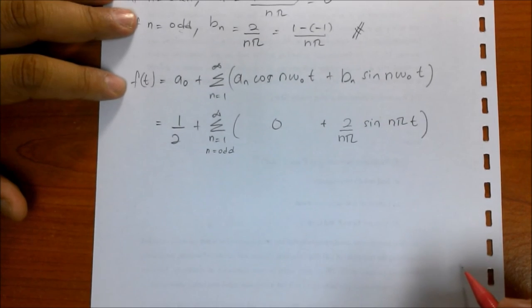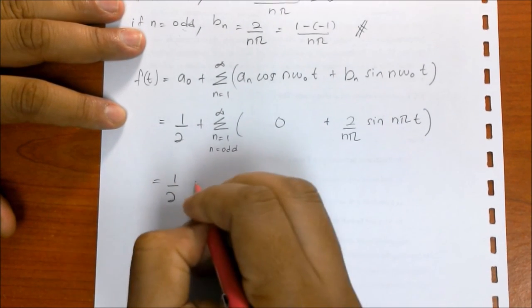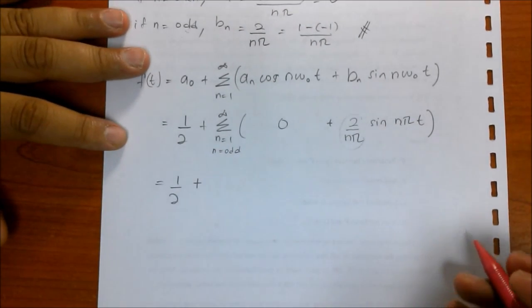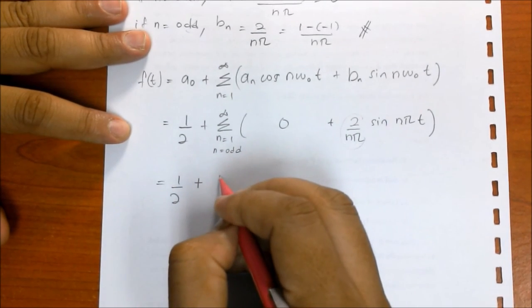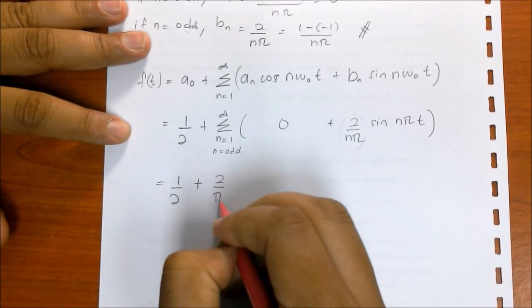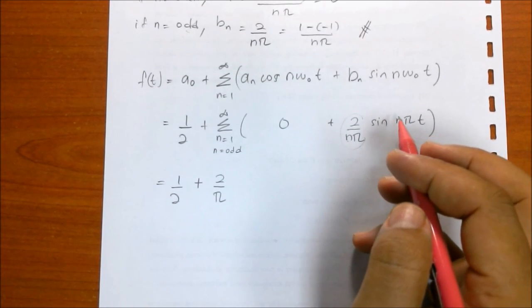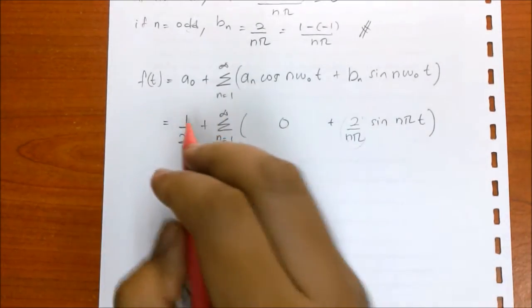right? And further simplifying, we get here 2 over pi. Okay, so n we have to keep inside the bracket, but the rest, 2 over pi, we can take outside.